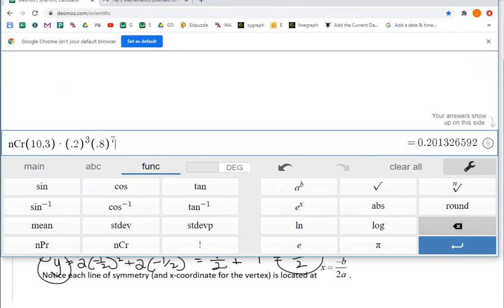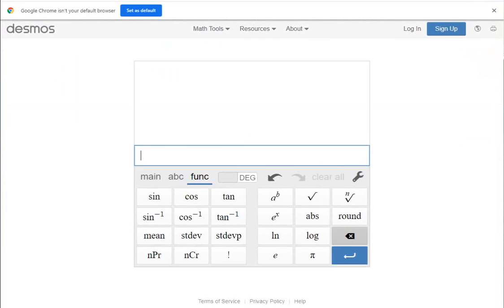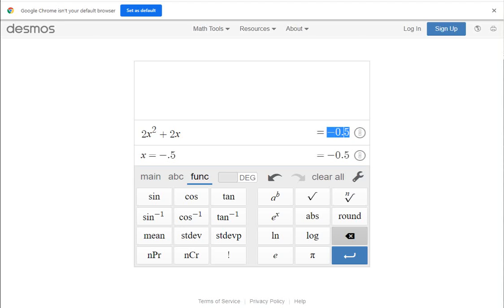My hope is that you would take 2x squared plus 2x, and then let x equal negative 1/2, and you get it to evaluate what the y value is. Does that make sense? Okay.